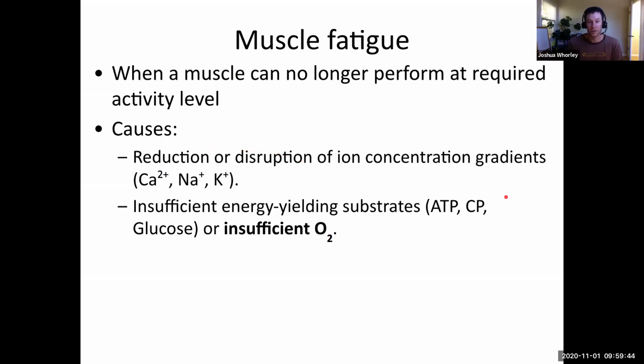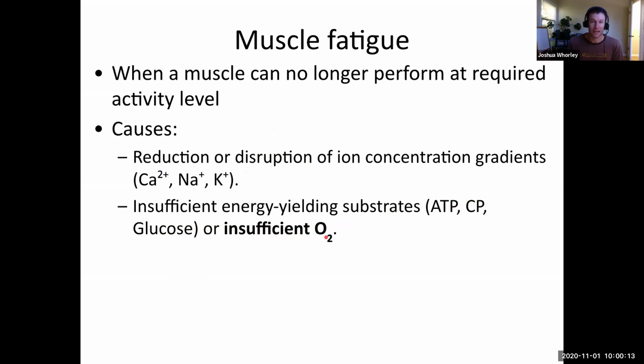Okay, so you could run out of these energy yielding substrates, but typically this comes at the end of exercise, when we're actually dipping into burning proteins, which we can metabolize, some proteins or components of proteins, to make these energy yielding substrates. So that can happen, but really it doesn't contribute greatly to muscle fatigue.